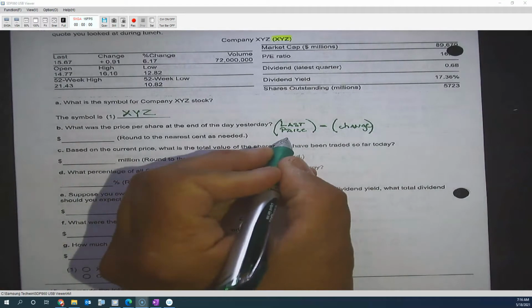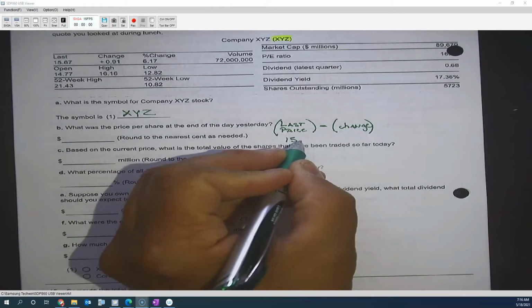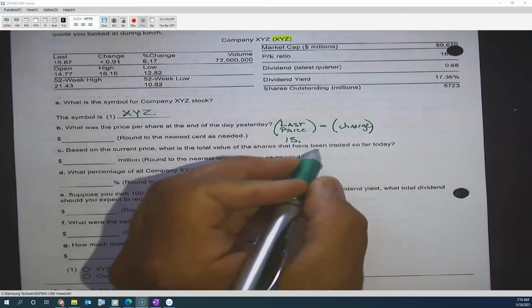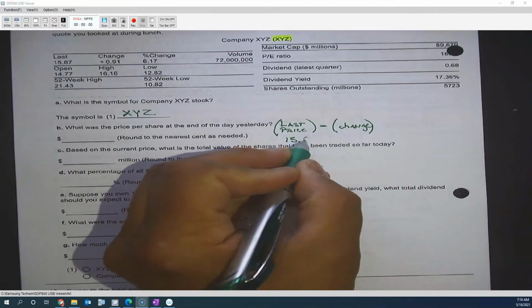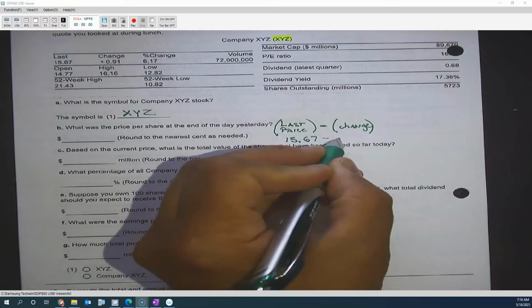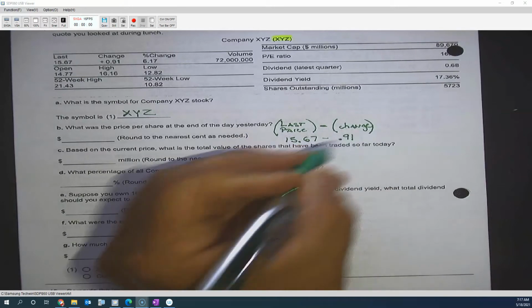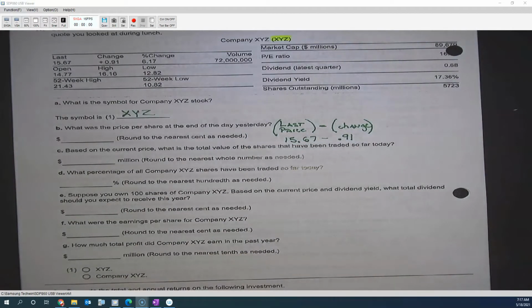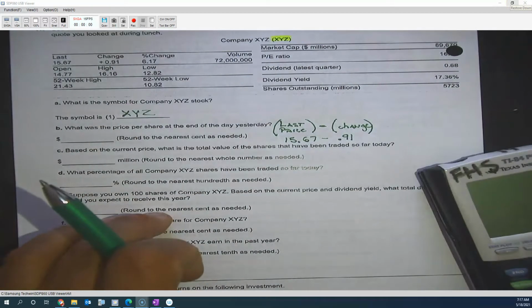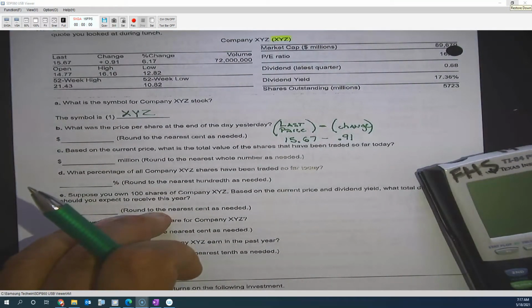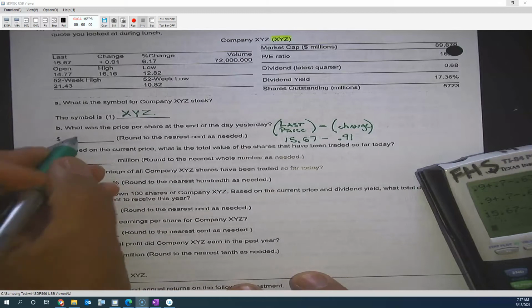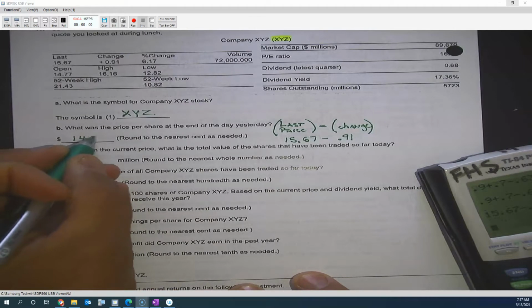So this would be, let's see, 567 minus 91 cents. Okay. 1476.